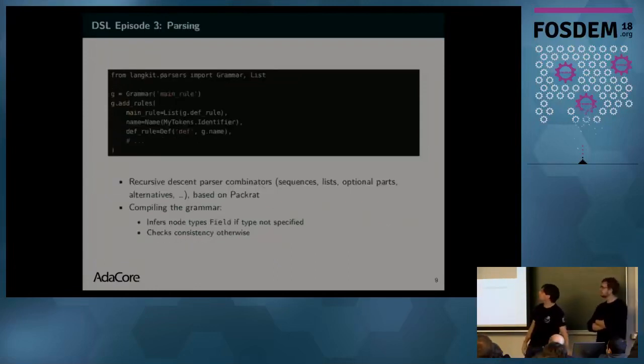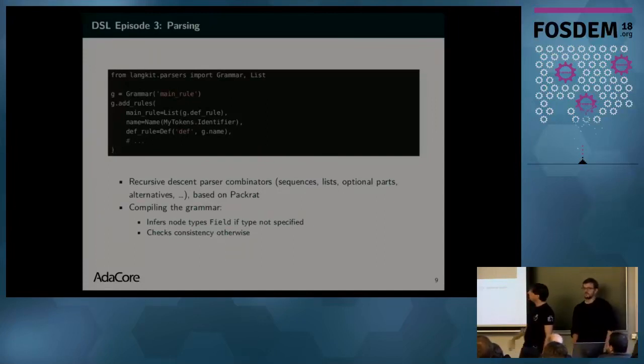And the next step, you write parsing rules. Like in Bison, if you know it, or GNAT, you write parsers in a recursive descent fashion to say, okay, this rule, if you find this token and this token, you will produce this node, and this in a recursive fashion. And this is compiled into a parsing library that is based on packrats.